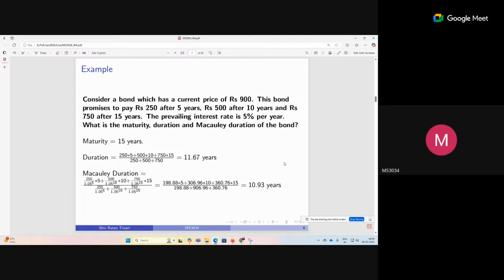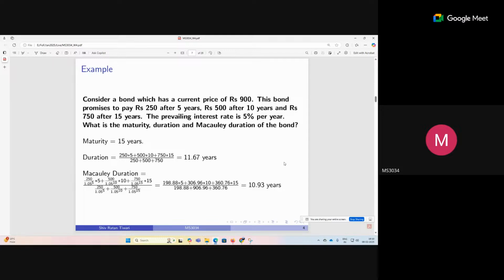If you calculate the maturity, then maturity is 30 years. But effectively, you are receiving the majority of your payment within 1 year. So 30 years is far away and does not give you the actual sense of the total time in which you are getting your money back.